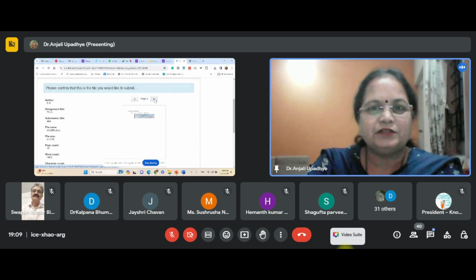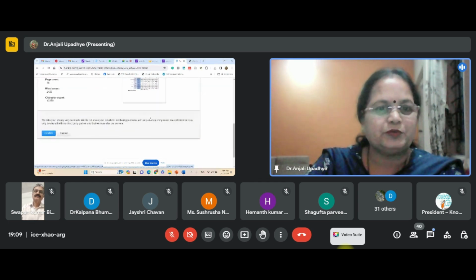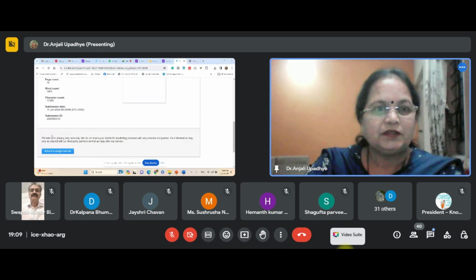Page number 1, 2, this is a graphical representation, and whatever the interpretation is written over here, it is like this. Okay, so this is a data analysis file. But still, can it give us the plagiarism report? This we have to check. So I say confirm, return to the assignment test.